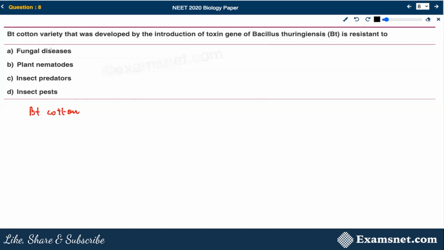So the correct option here will be insect pest. And why insect pest? Because BT cotton is resistant to cotton bollworms, and for that, various kinds of cry proteins have been found out. Cotton bollworms are a category of insect pest.